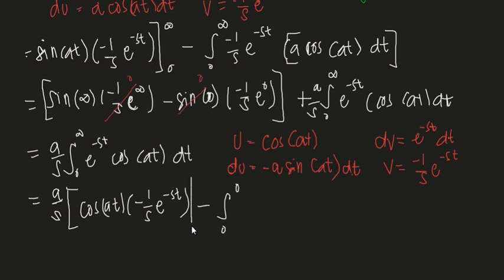So this is also evaluated from 0 to infinity of your v du. So v du will be negative 1 all over s e raised to negative st and then du which is negative a sine at.